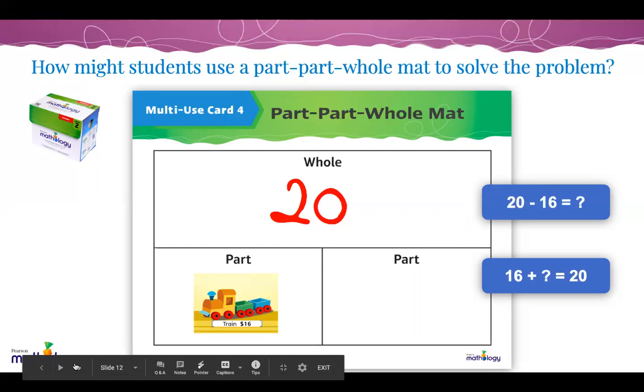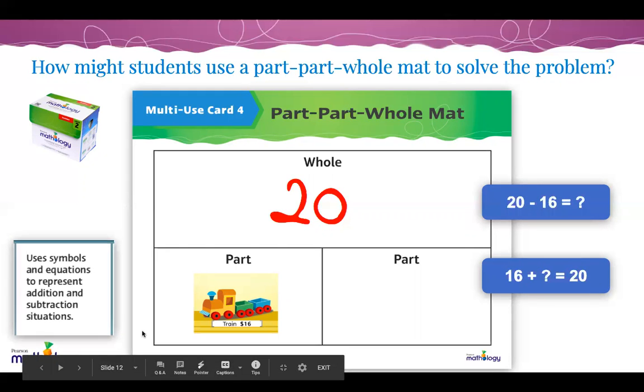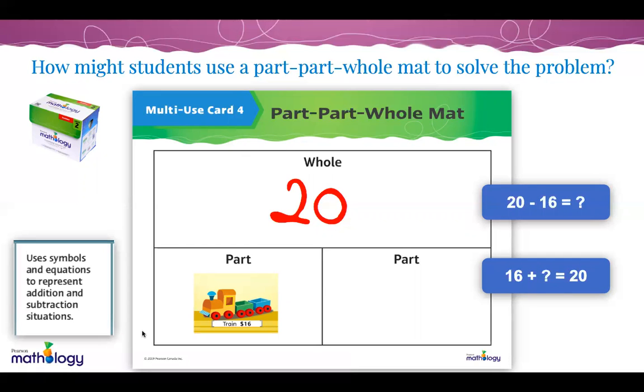And so we see how directly related subtraction and addition are in these types of subtraction situations. This is where students really start to use symbols and equations to represent addition and subtraction situations.